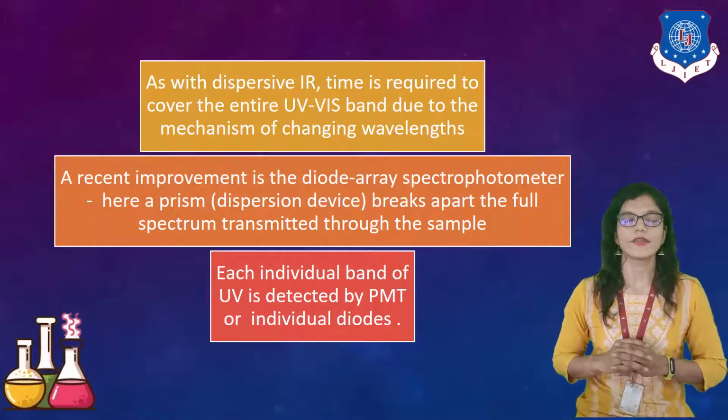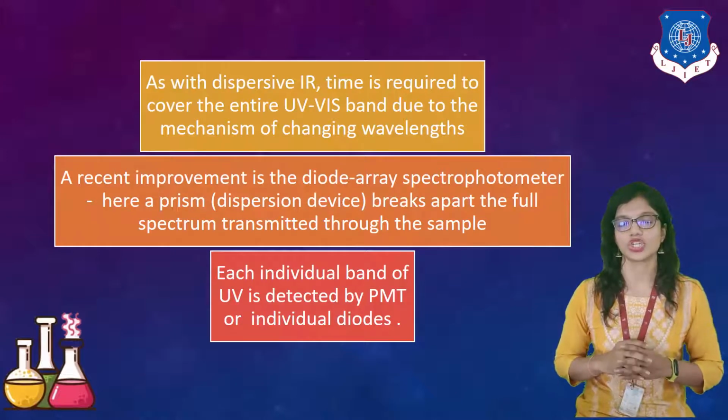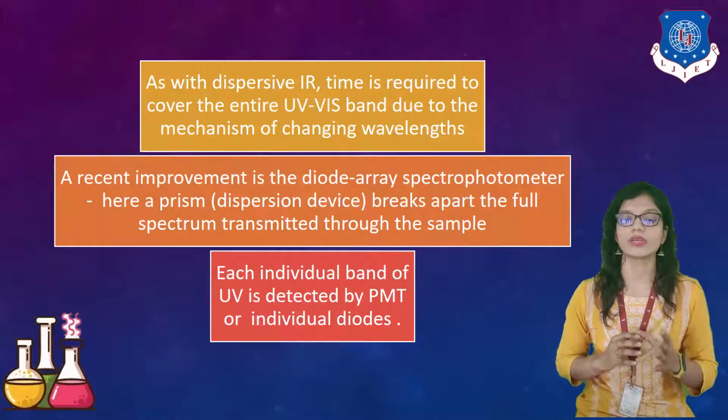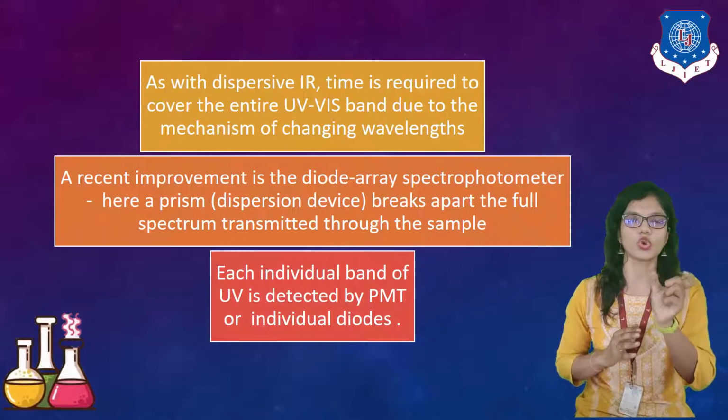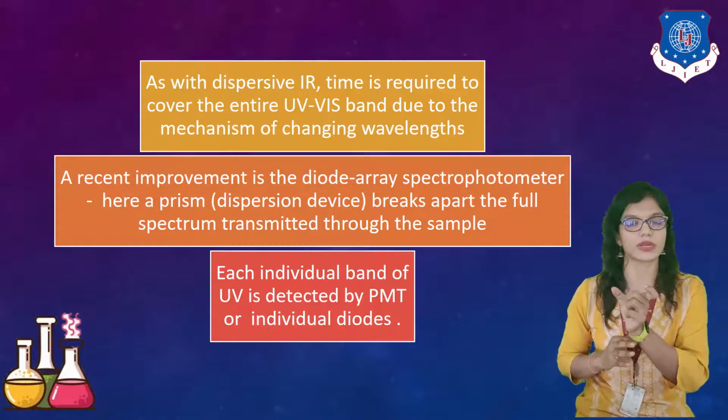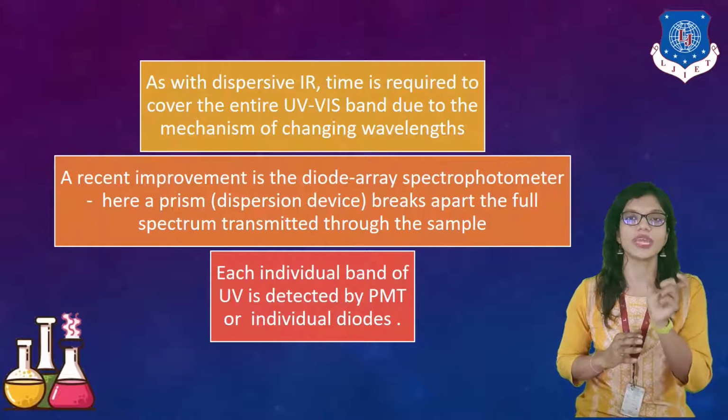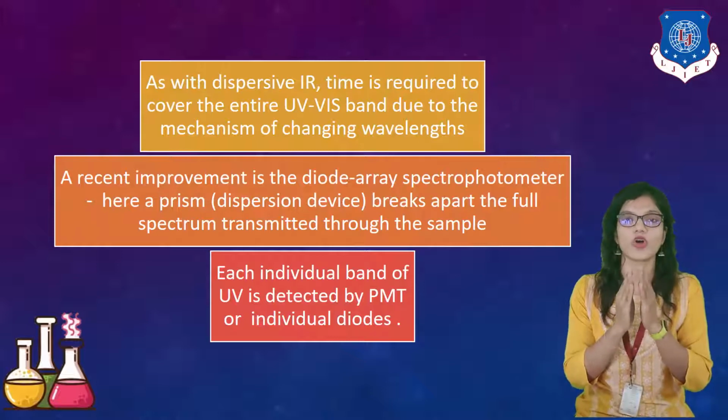If we talk about the instrumentation part, as with the dispersive IR, time is required to cover the entire UV visible band due to the mechanism of changing wavelengths. Here we have already seen that we get a monochromator, and then we have a splitter, in which we get the particular split of the bands.